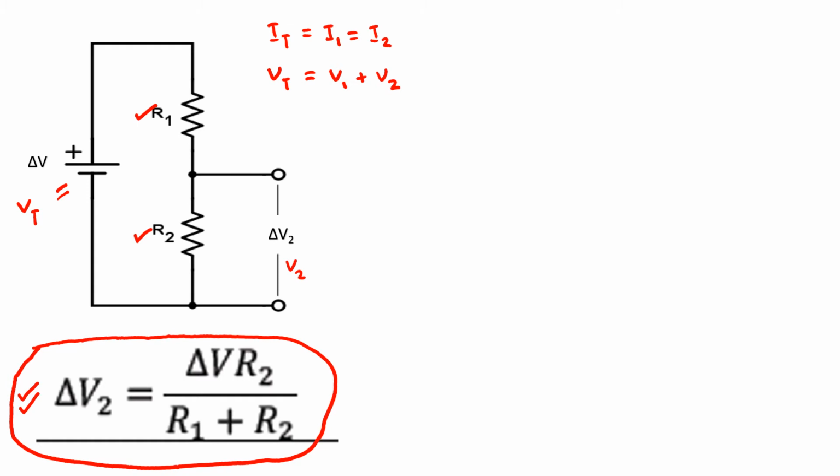We should also take note of Ohm's law, that is V is equal to IR. Since we are interested in solving for V2, the voltage across the second resistor, we could write this equation as V2 is equal to the total voltage minus the voltage across the first resistor.